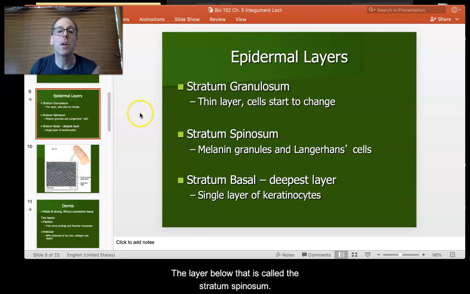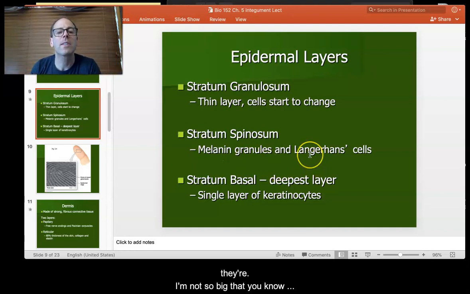The layer below that is called the stratum spinosum. So the stratum spinosum is made of these keratinocytes. They're going to be filled with melanin because the melanocytes will be adding melanin to them. And you also find these cells called Langerhans cells there. I'm not so big that you know that, but those are immune cells that you'd find in your skin.